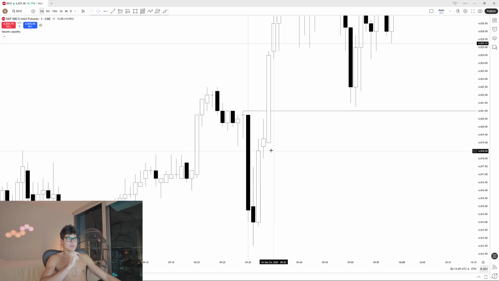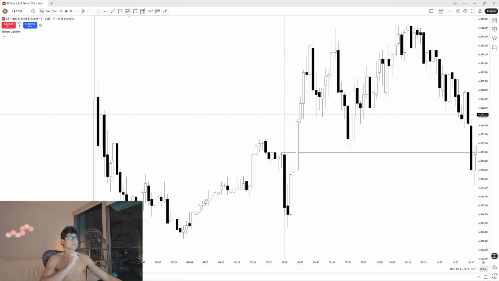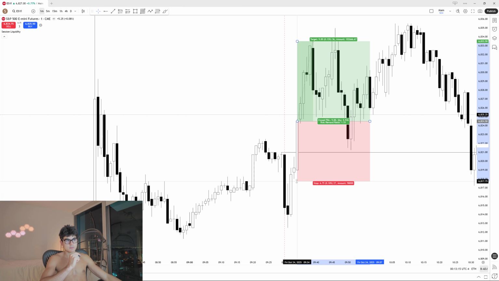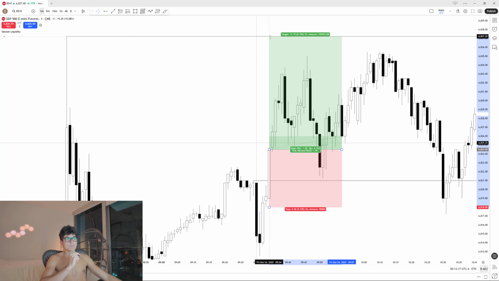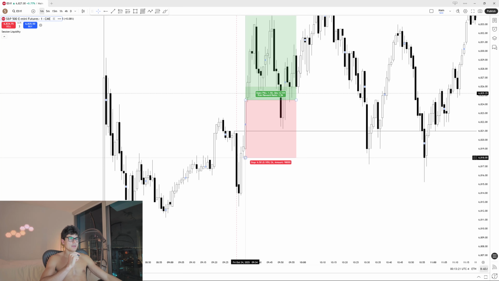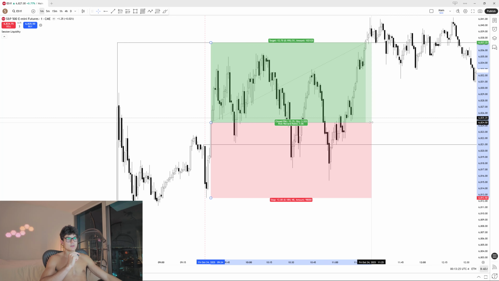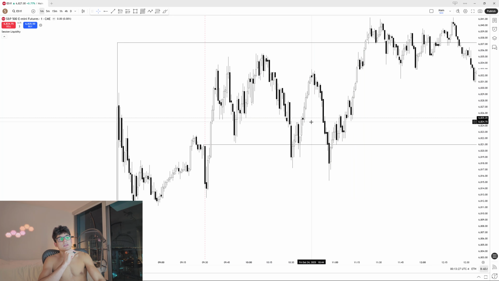That's why it's an up candle. Up candle followed by a down candle, and we close above it. Obviously it's not that simple, but still, price still ended up doing that. So that's a cool way to see it.